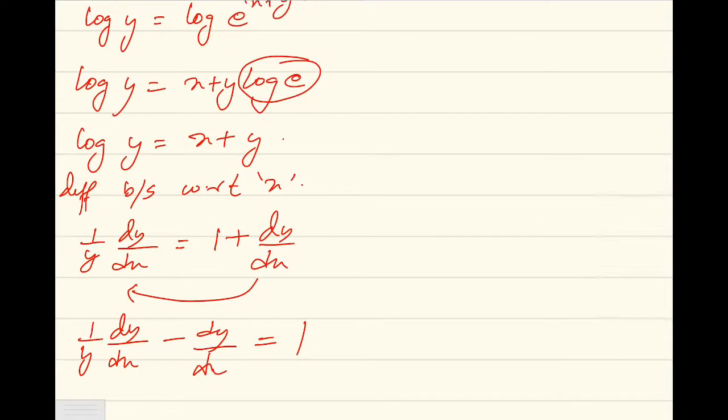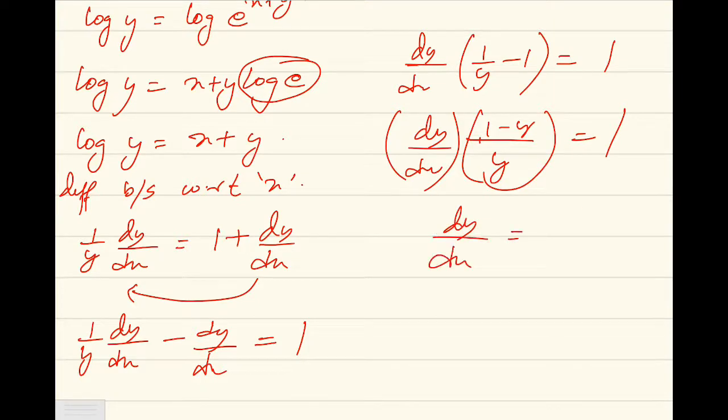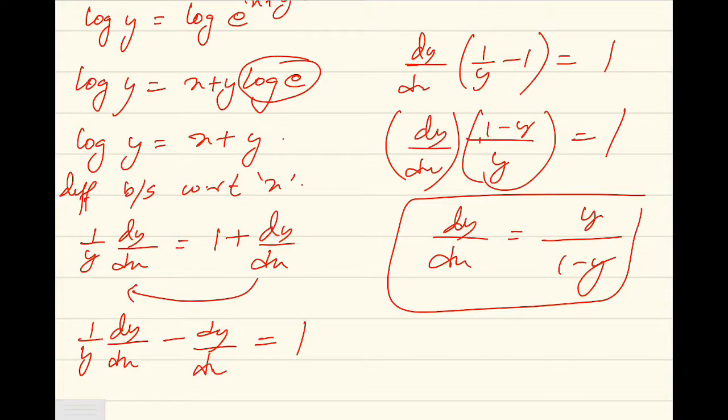Let me do this here. So dy by dx common, you get 1 by y minus 1, and that side 1. Take LCM, here y, and you get 1 minus y. So that's dy by dx and 1. Flip it, cross multiply, sorry, y divided by 1 minus y. So that's the answer.